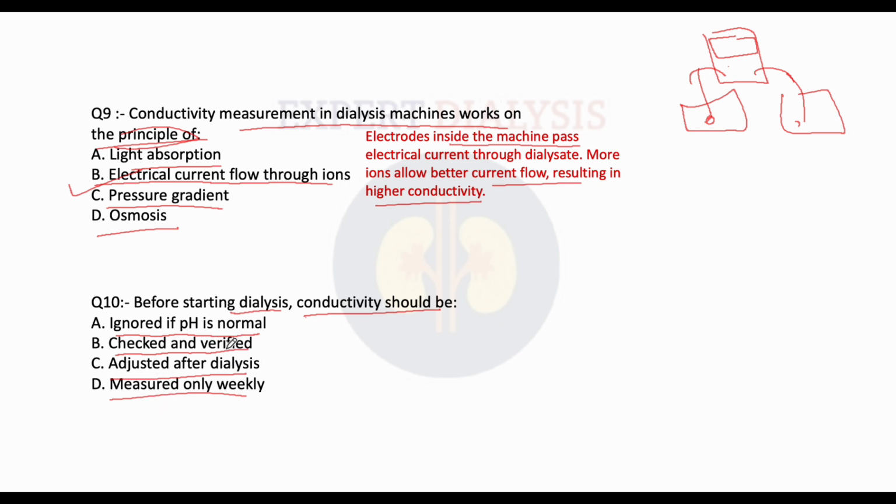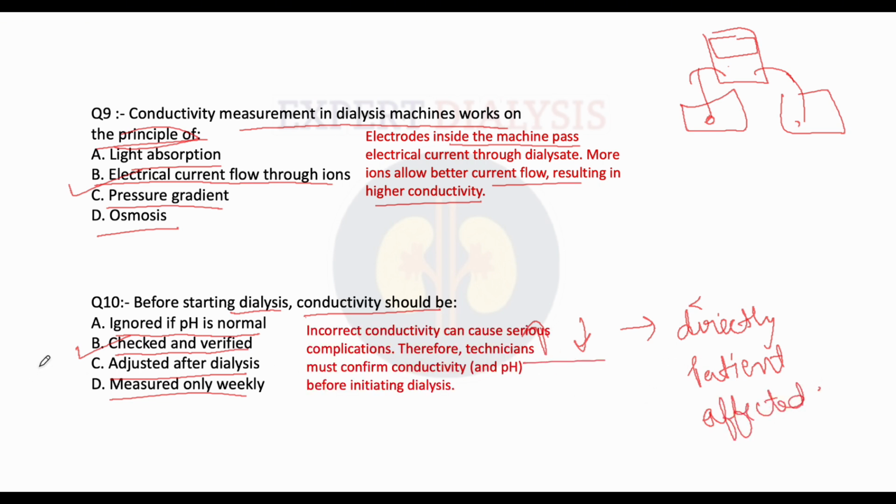So the answer will be checked and verified, because if conductivity is high or low, it is going to directly impact the patient and we don't want to risk that. Incorrect conductivity can cause serious complications, therefore the technician must confirm conductivity and pH before initiating dialysis.